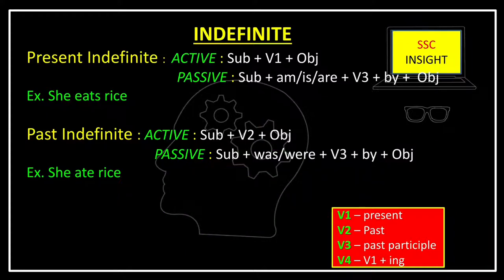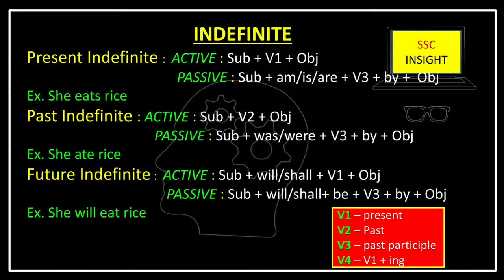Next one is future indefinite. The active form will be subject plus will or shall, that is the auxiliary verb, plus verb 1, meaning the present form of the verb, plus object, and the passive will be subject plus will or shall plus be. We have mentioned earlier that there will be a to-be form in case of passive voice, and here is the example.